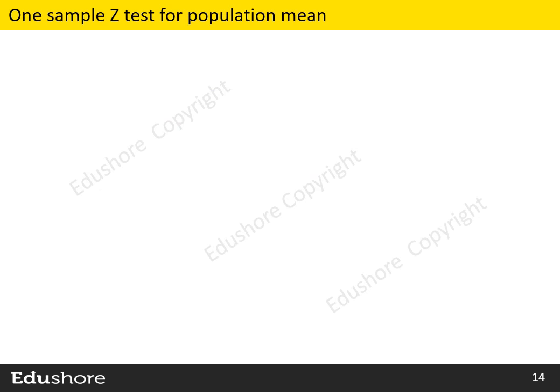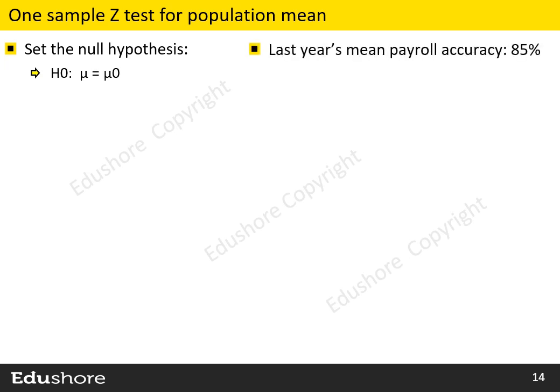Let us understand the procedure to do this hypothesis test, 1 sample z-test for population mean. The first step is to set the null hypothesis. The null hypothesis is expressed as follows. H0 is mu is equal to mu naught. Let's understand this with an example. Let's say last year's mean payroll accuracy is 85%.